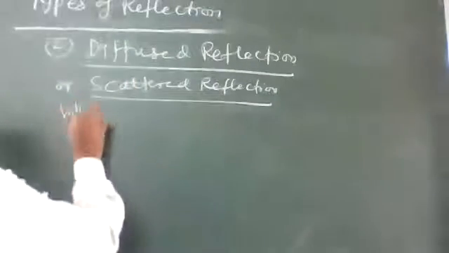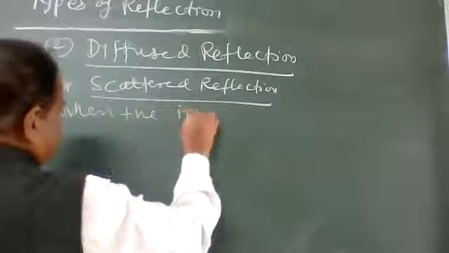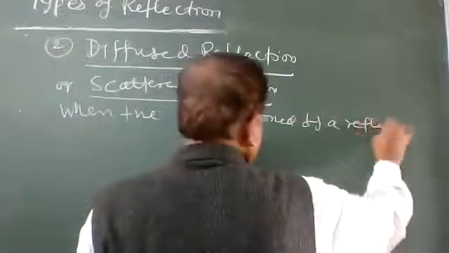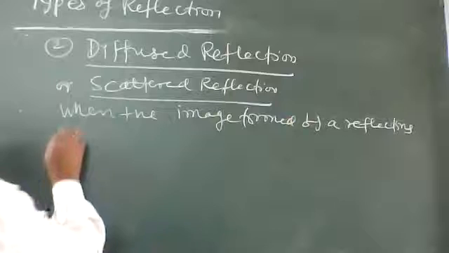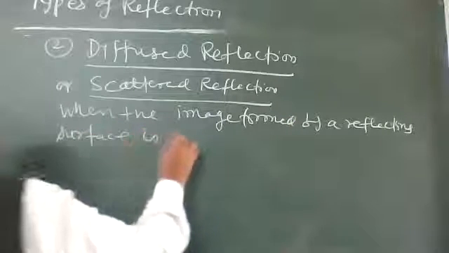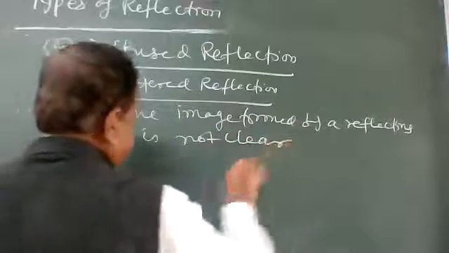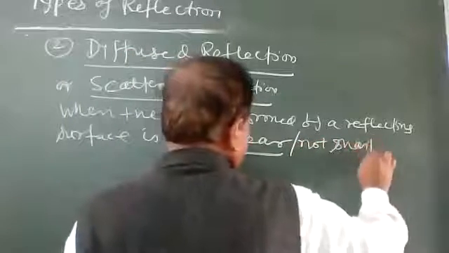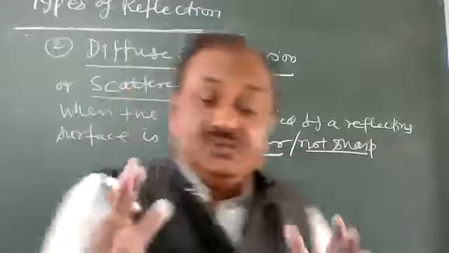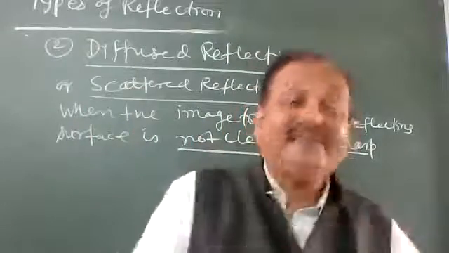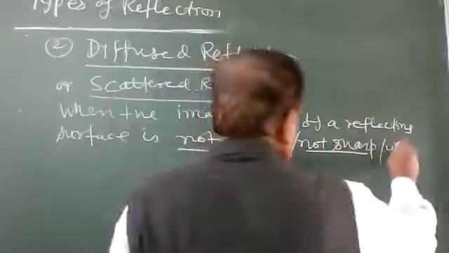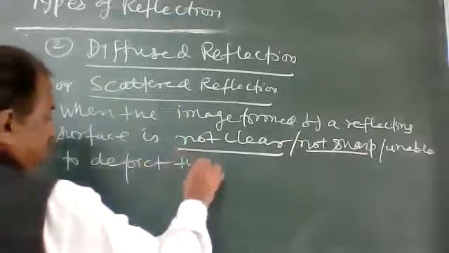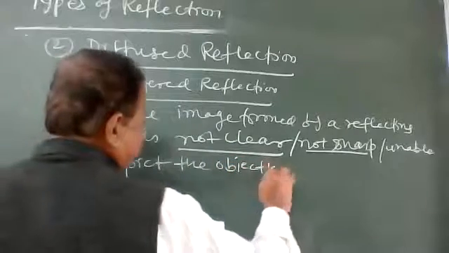So when the image formed by a reflecting surface is not clear, or it is not sharp, and it is not able to replicate as it is, or we can say unable to depict the object's parameters.